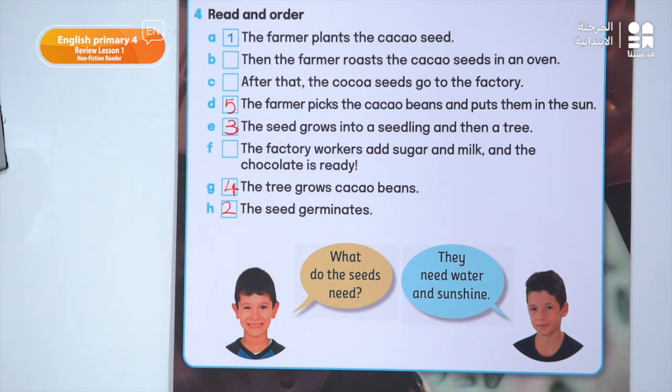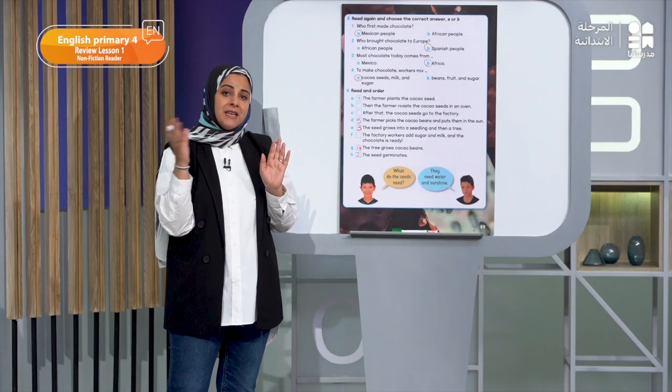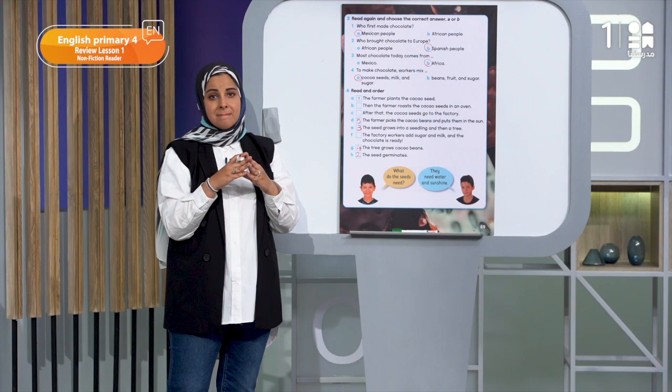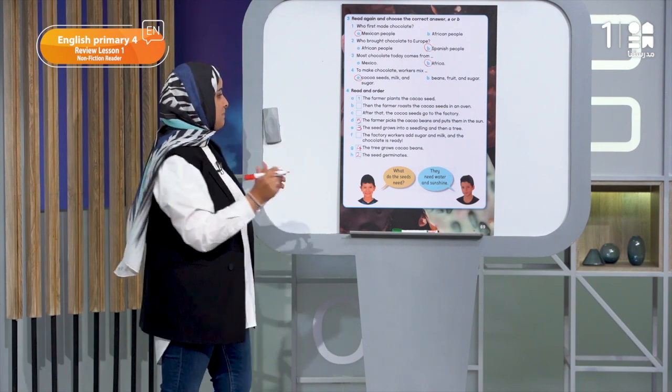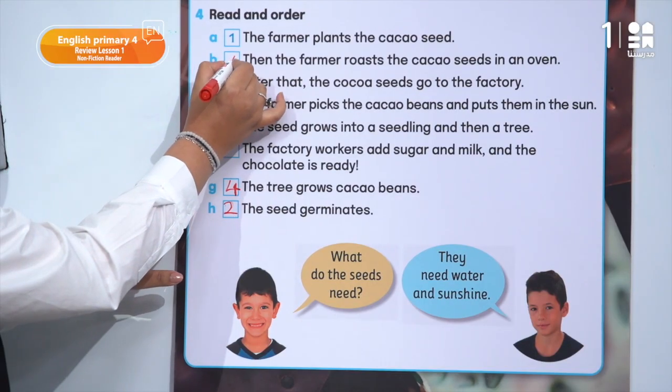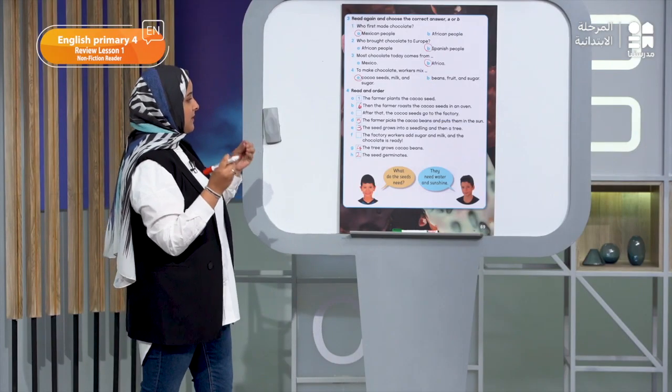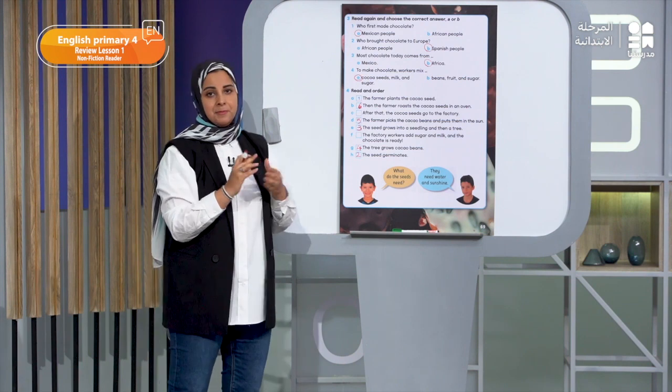The farmer picks the cocoa beans and puts them in the sun. What will be next? What will be number 6? Very good. B. So number 6, B. Then the farmer roasts the cocoa seeds in an oven.